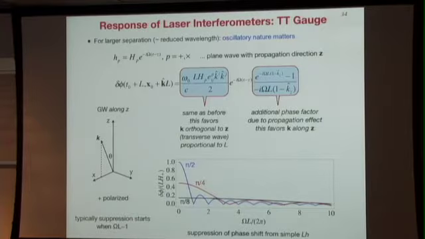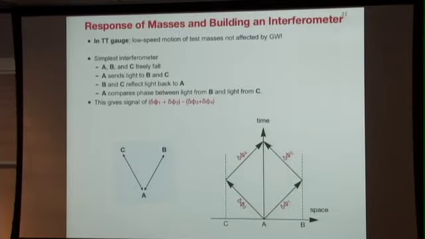So now let's start thinking about how interferometry works in this picture. We didn't talk about how the masses are affected in this new gauge. It turns out in this new coordinate system, the light phase is modulated, but the test masses are not affected by gravitational waves.